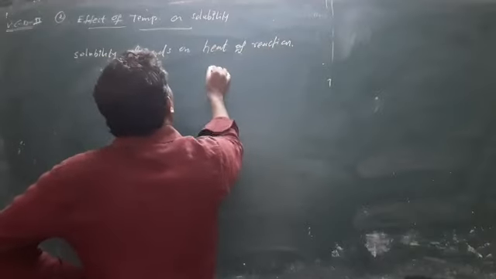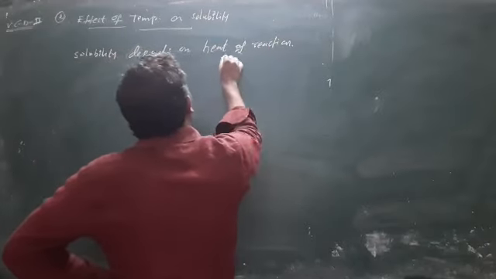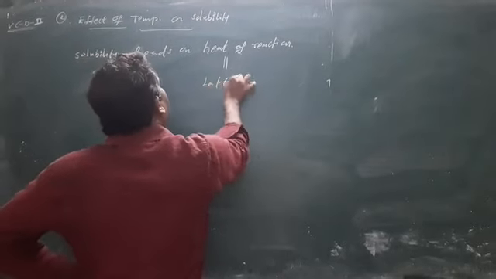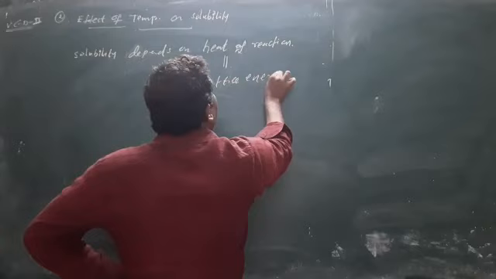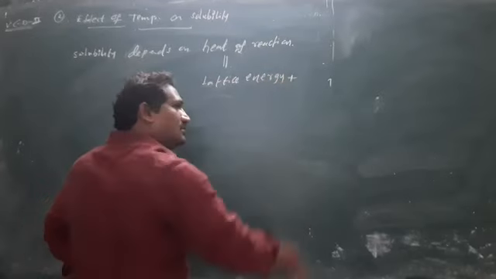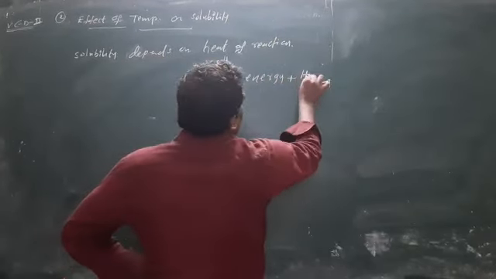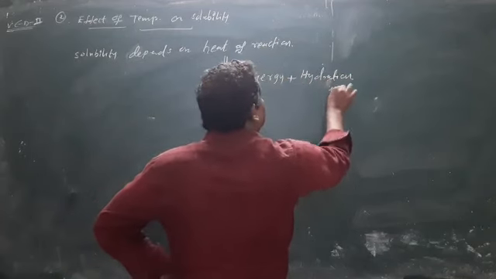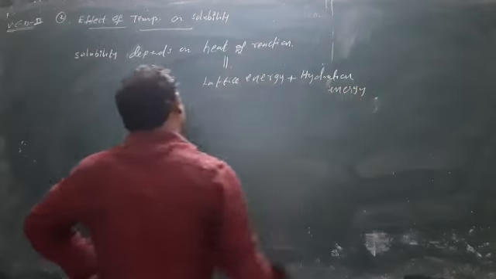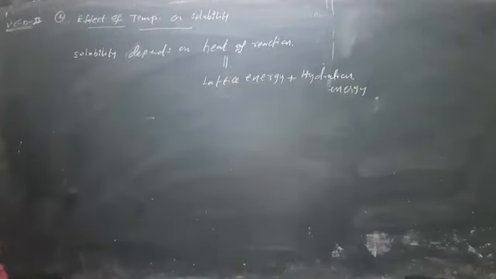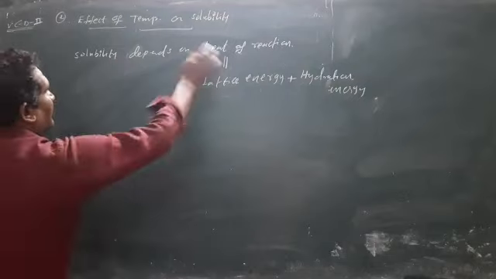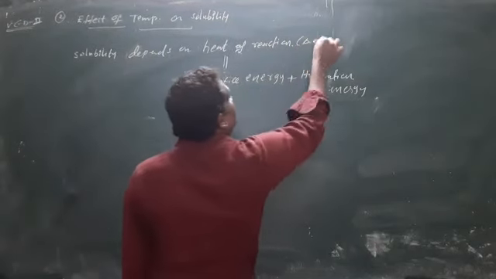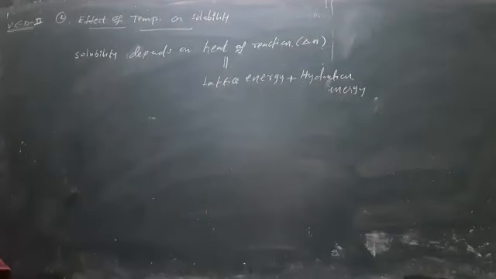So heat of reaction is equal to lattice energy and hydration energy. The sum of lattice energy and hydration energy is the heat of reaction. Heat of reaction is a delta H. So it depends on delta H values.